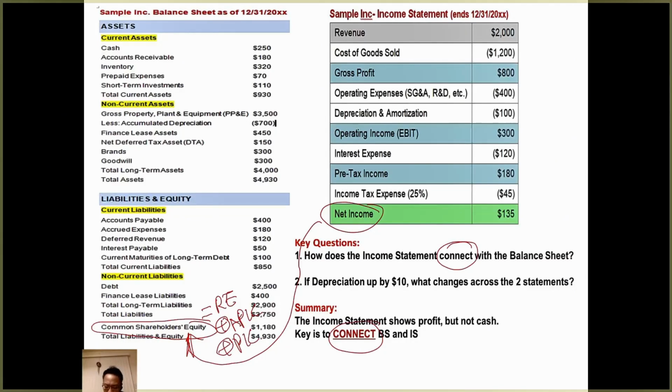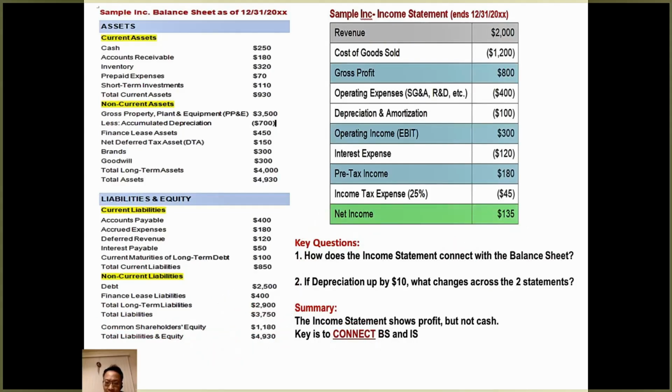At the end of each year, this 135 will flow in. In other words, the common shareholders' equity we see now, this 1,180, already includes the 135 from these 12 months of this year. So this 135 goes directly into the 1,180. This is just one connection.